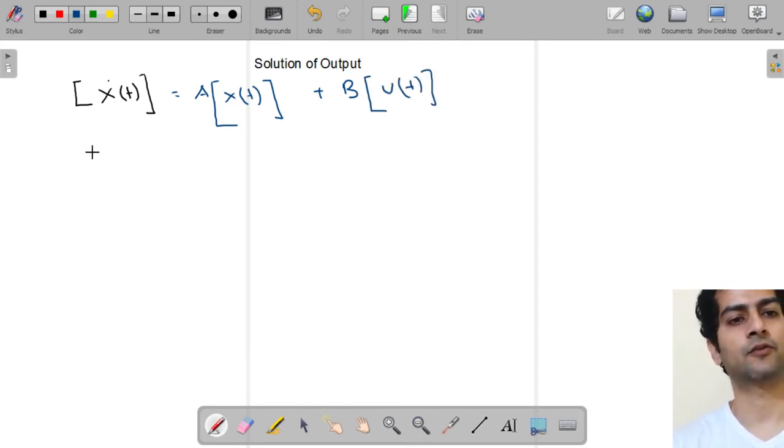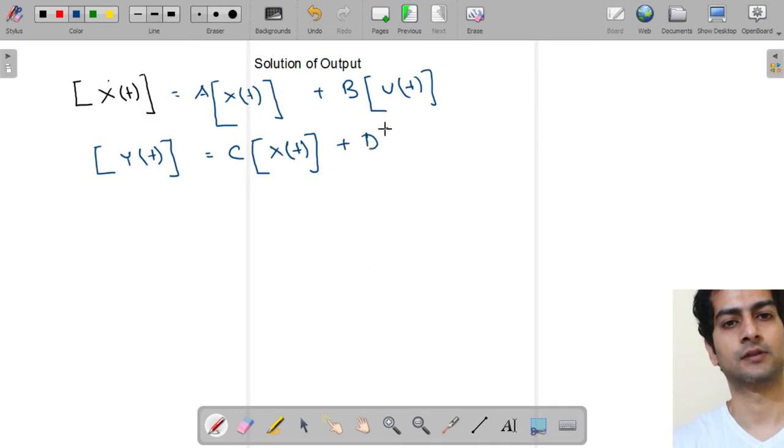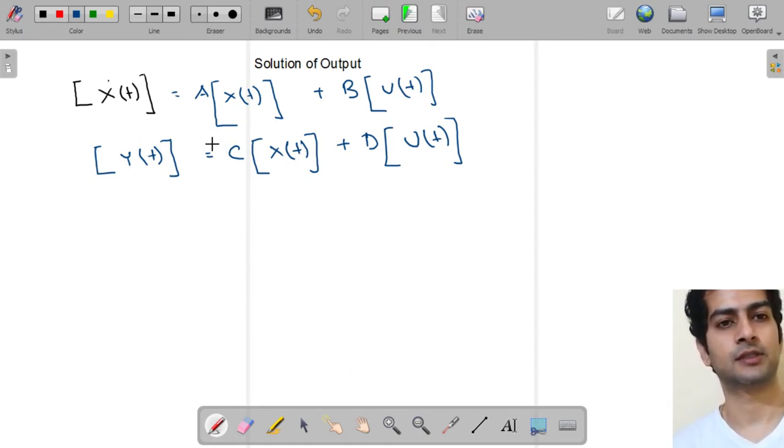This is the state equation, and we also have the output equation.